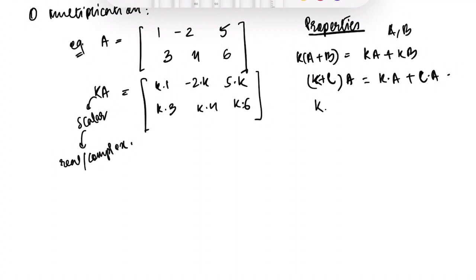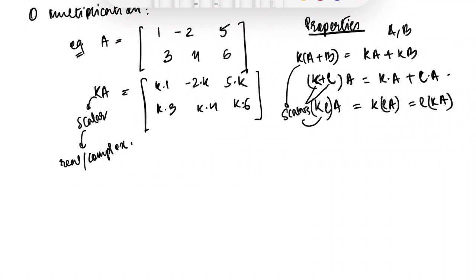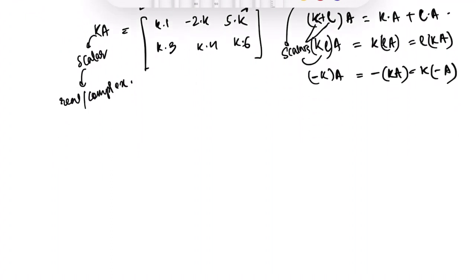And if we have k, l and a, both are scalars. Now k l a, sorry, if it is this way, then we can also write it as this, right, or this. Now if we have negative k, this is also the way you could write it, or this way. Okay, done with the properties.